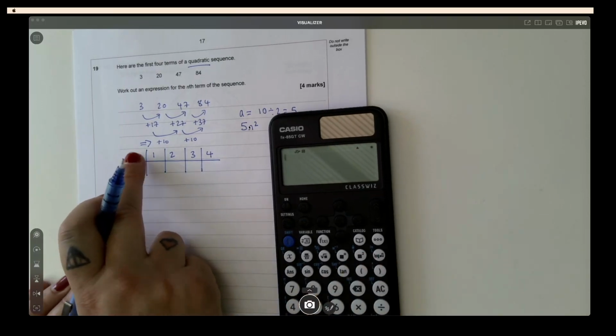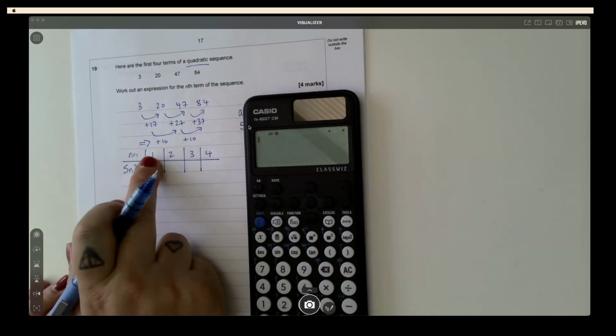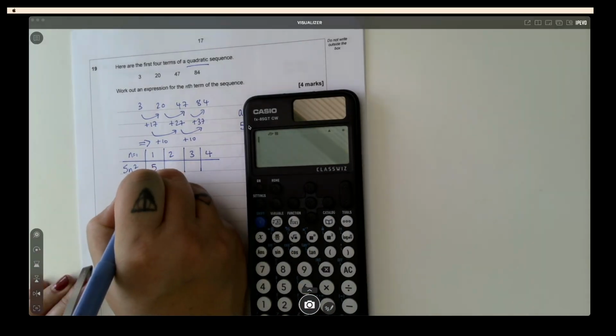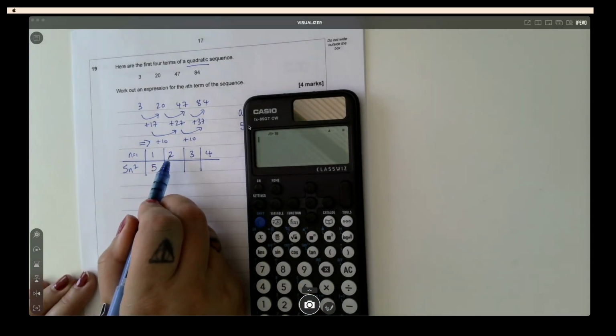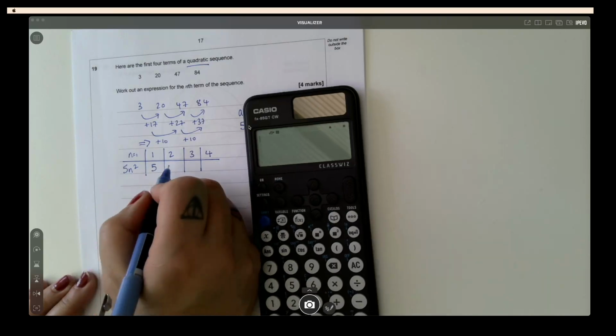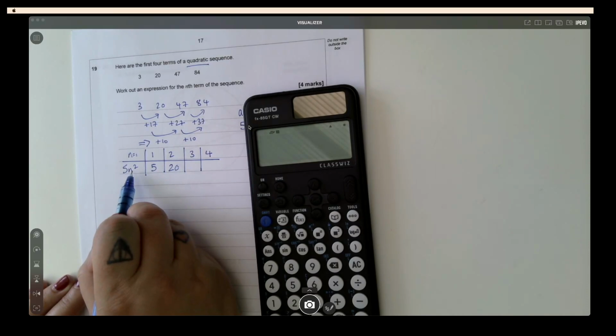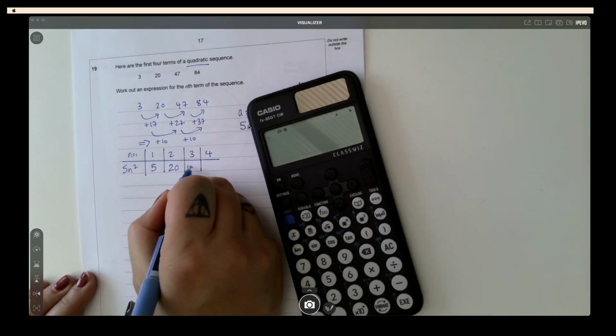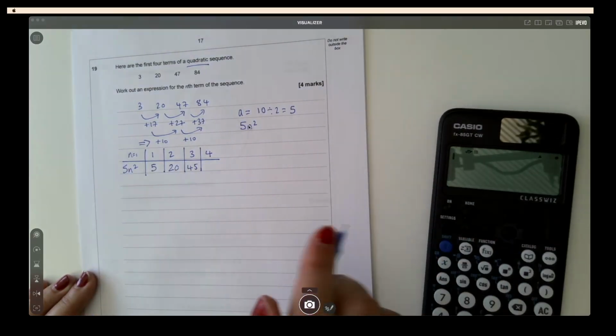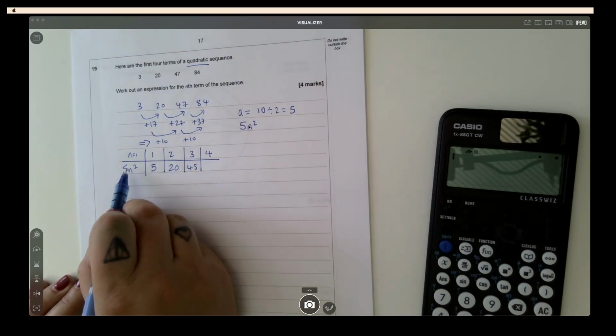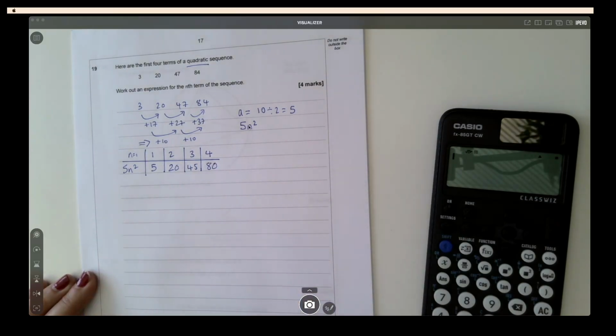So 5n squared, if n is 1, 1 squared is 1, times 5 is 5. If n is 2, 2 squared is 4, times 5 is 20. If n is 3, 3 squared is 9, times 5 is 45. And 4 squared is 16, times 5 is 80.